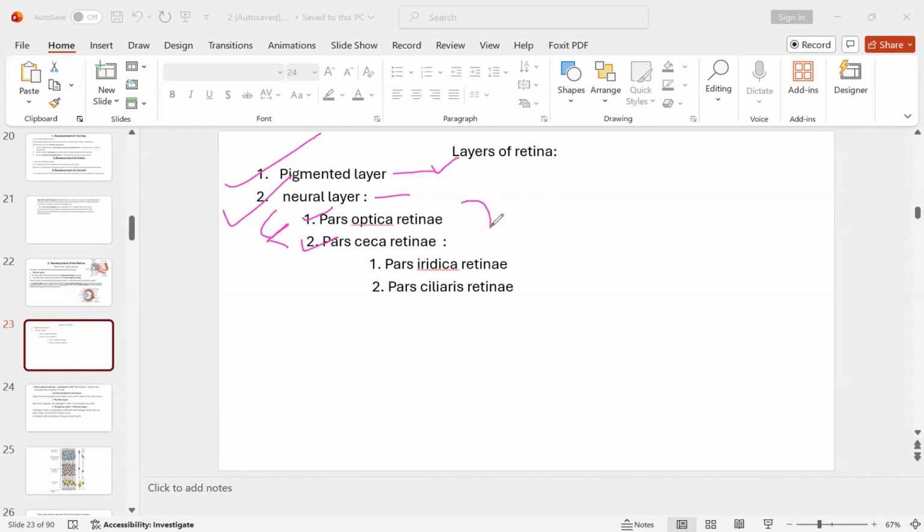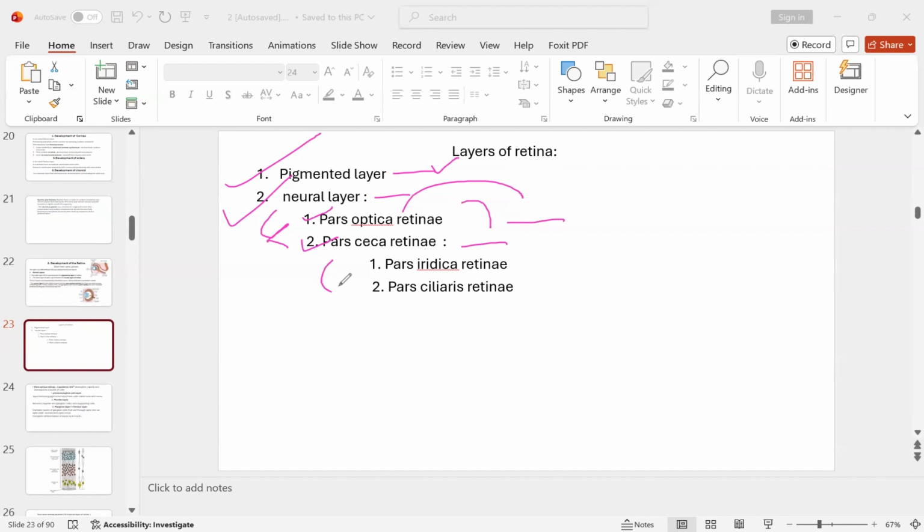Pars optica retini makes up the posterior 4/5 of the neural layer of retina, but the pars ceca retini makes up the anterior 1/5 of the neural layer of retina. It is called pars optica retini because this part of the neural layer is associated with optics or vision, because this part is light sensitive.